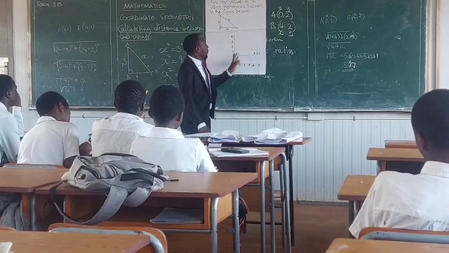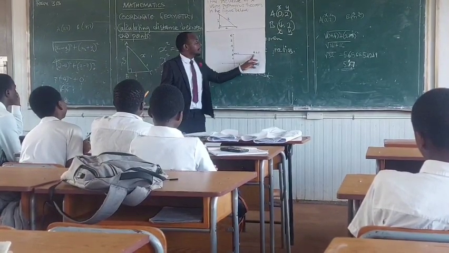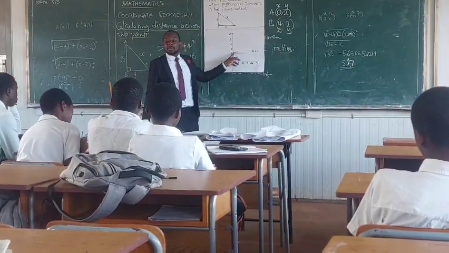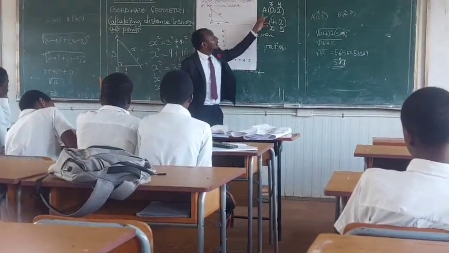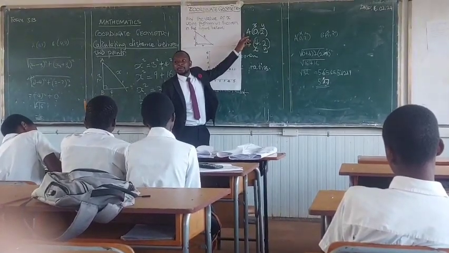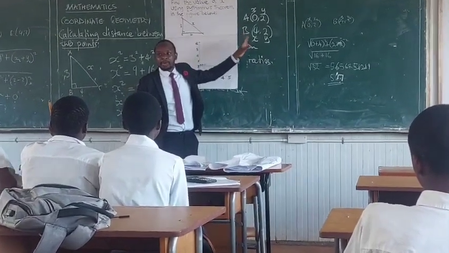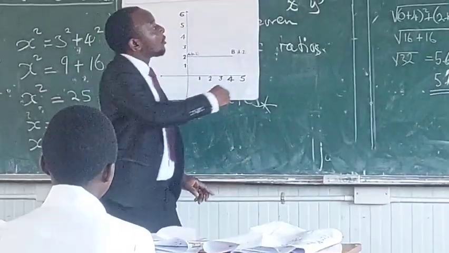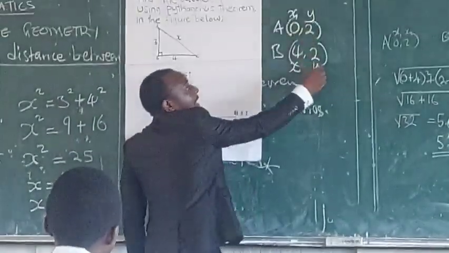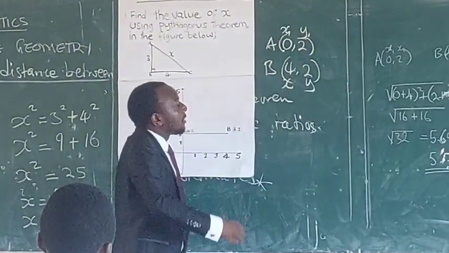Because of that, we want to calculate the distance between A and B. A is our starting point, and B is our ending point. Therefore, the coordinates at A represent the starting point, the original point, the point in the first place. So we are going to say x1 and y1.